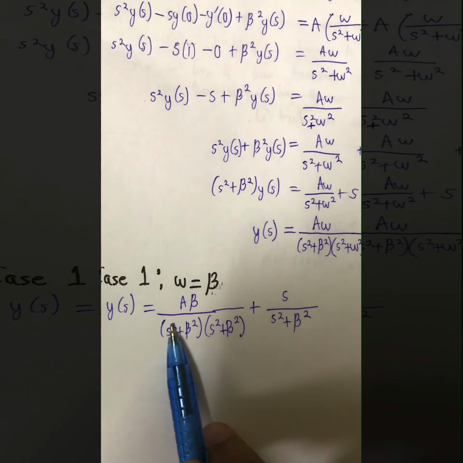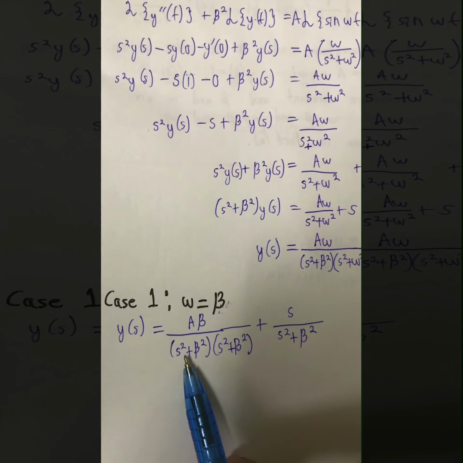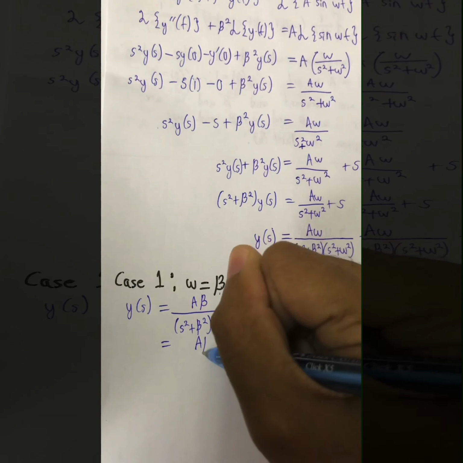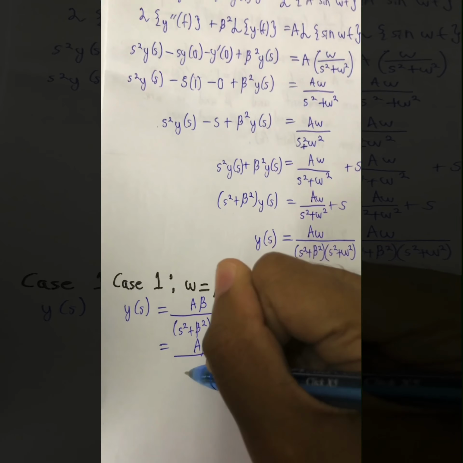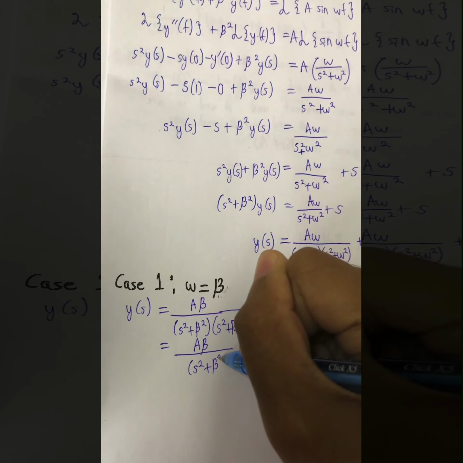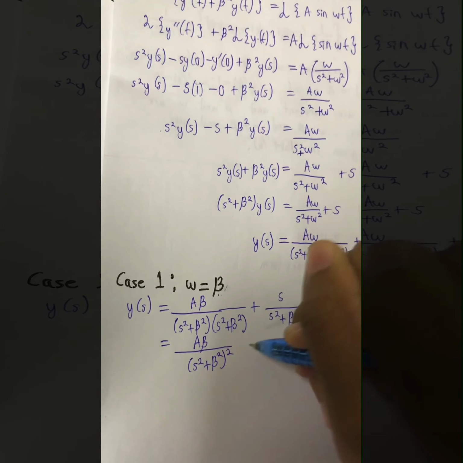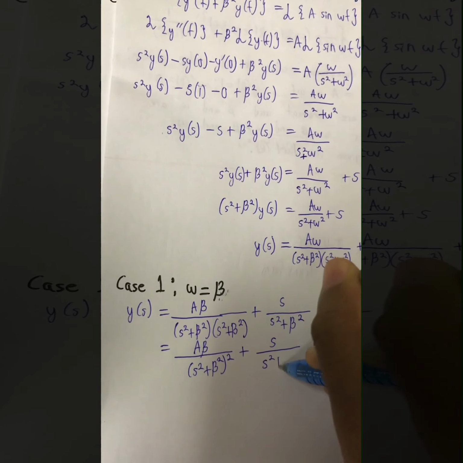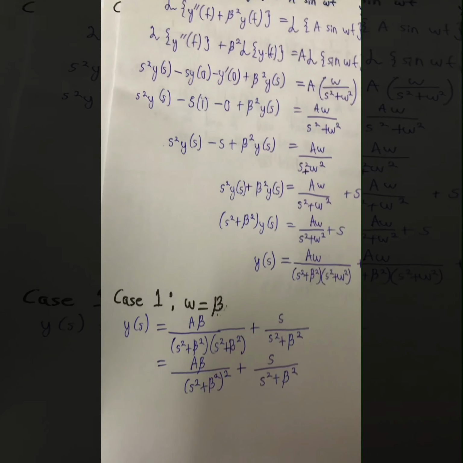So it becomes a beta over (s square plus beta square) squared, plus s over s square plus beta square.